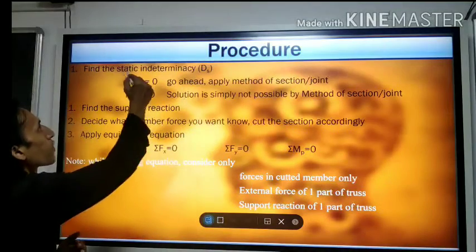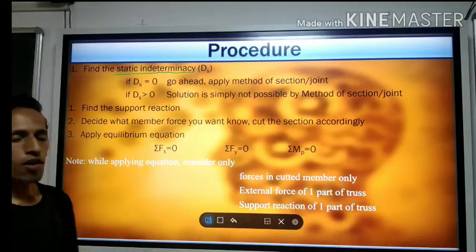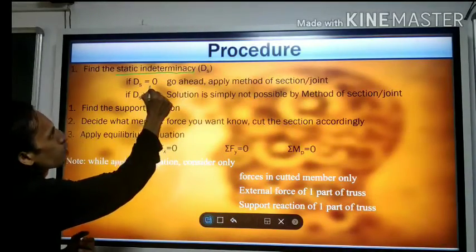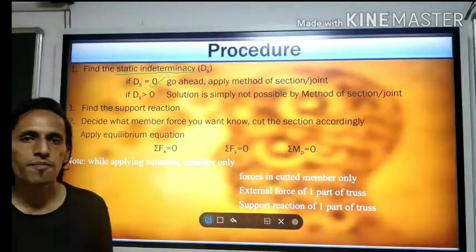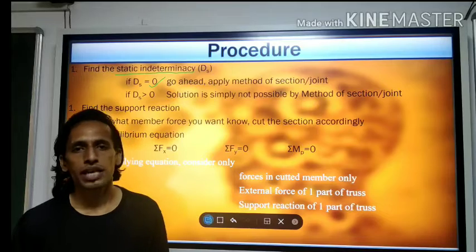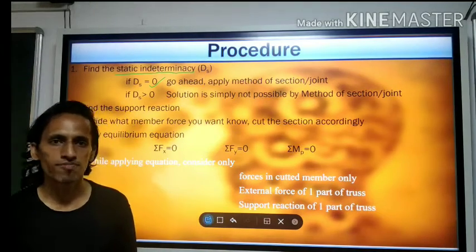If this value comes out to be 0, then only you can apply method of joint or method of section. For both there is the same situation.